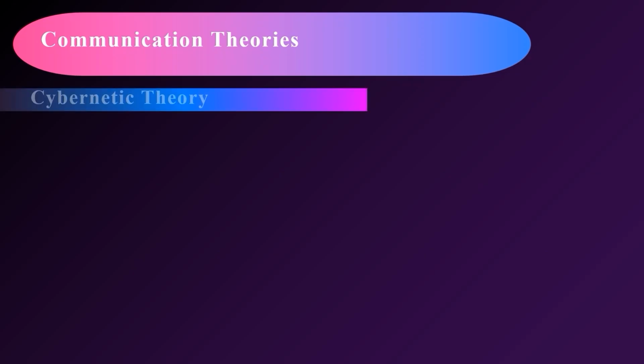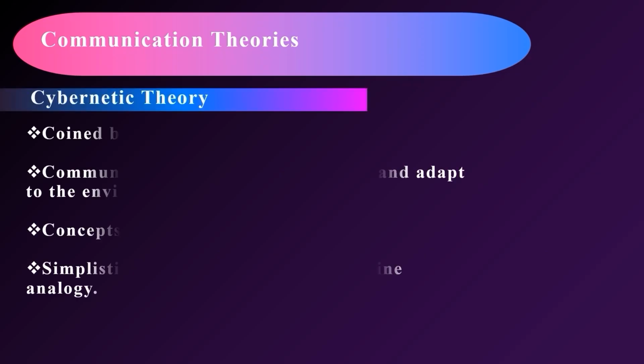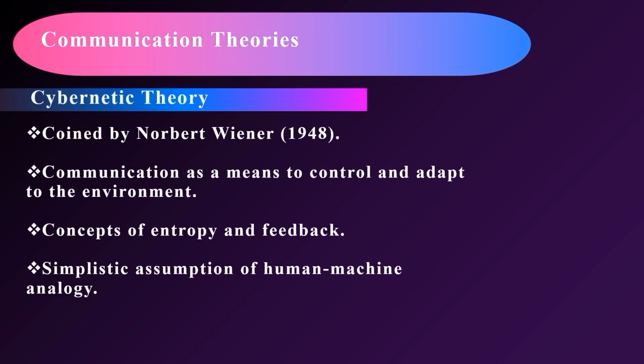Next one is cybernetic theory. In 1948, Norbert Wiener coined the term cybernetics to elaborate on the existing theory of transmission of messages by incorporating his idea that people send messages within a system in an effort to control their surrounding environment.